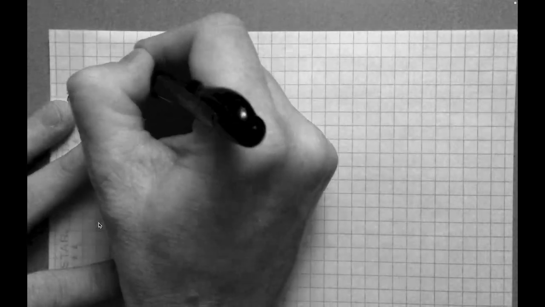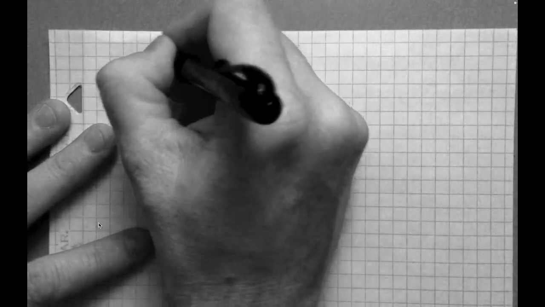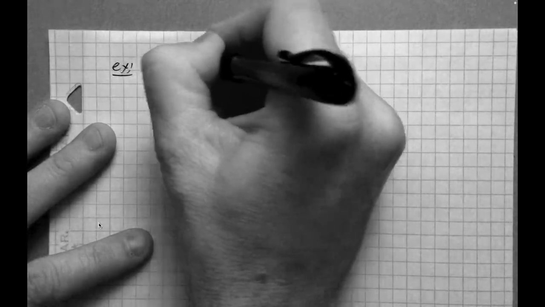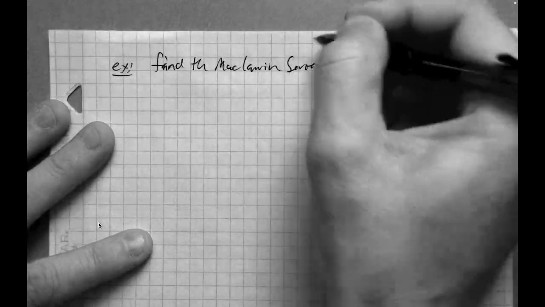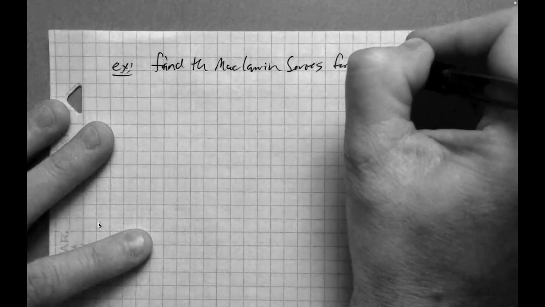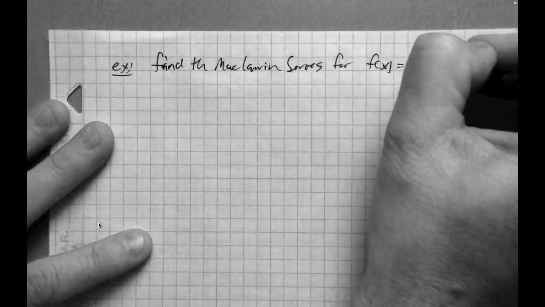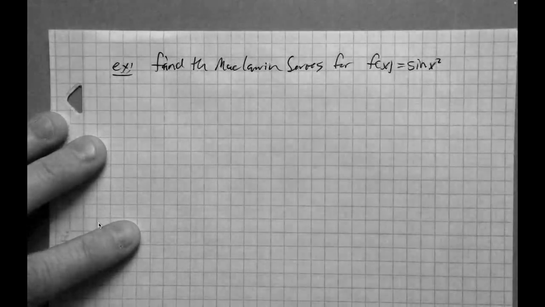Okay, all right, just one more example, maybe two more examples, and then we'll be done. So one example would be find the MacLaurin series for f of x equals sine of x squared.